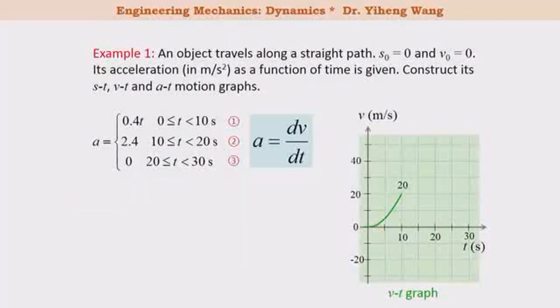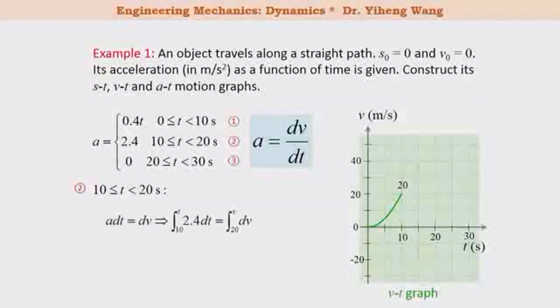Then we do the same thing for the second time period from 10 seconds to 20 seconds. Same integration, substitute in a equals 2.4. Now, look at this lower integration limit for time. We are integrating from the beginning of this time period, which is time equals 10 seconds.